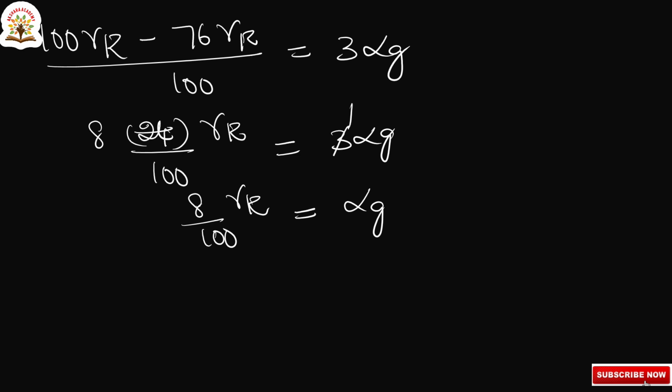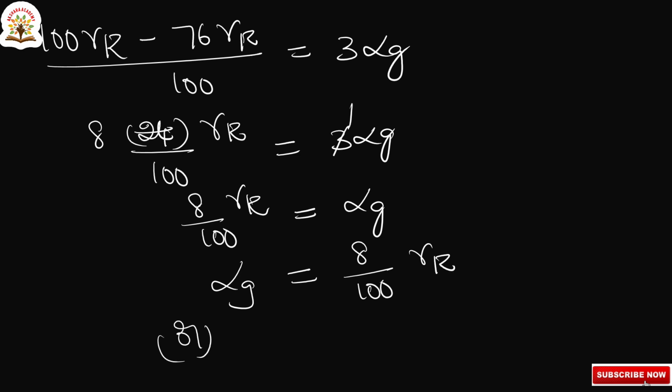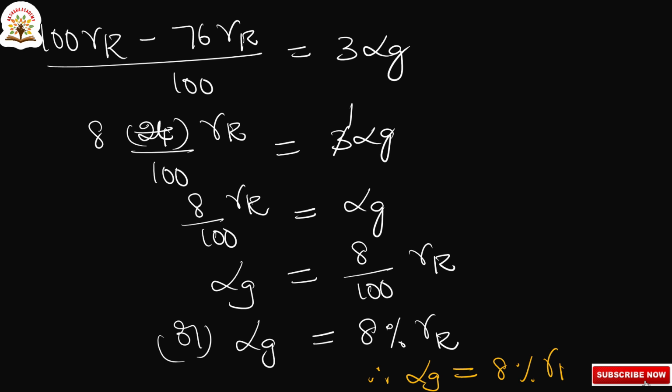We can write either 8 by 100 or 8% of gamma R. Therefore alpha g, the coefficient of linear expansion of the vessel, is equal to 8% of gamma R. Okay, this is the final answer. Next we'll go to the next question.